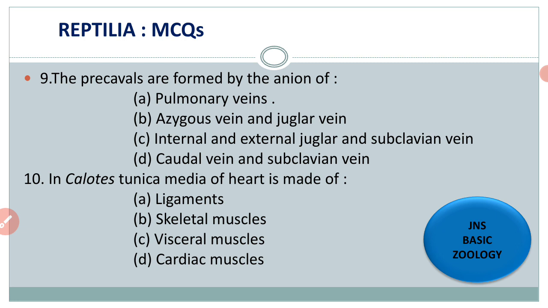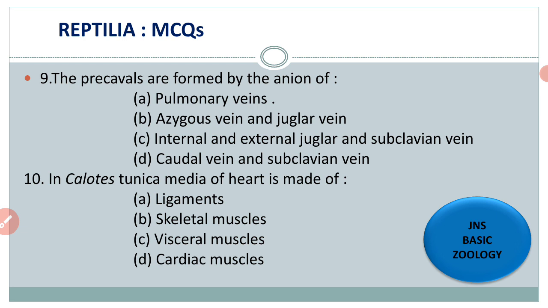And the tenth multiple choice question, in Calotes, the tunica media of the heart is made of A. ligaments, B. skeletal muscles, C. visceral muscles, and D. cardiac muscles. In Calotes, the tunica media layer of the heart is made by which type of muscles?